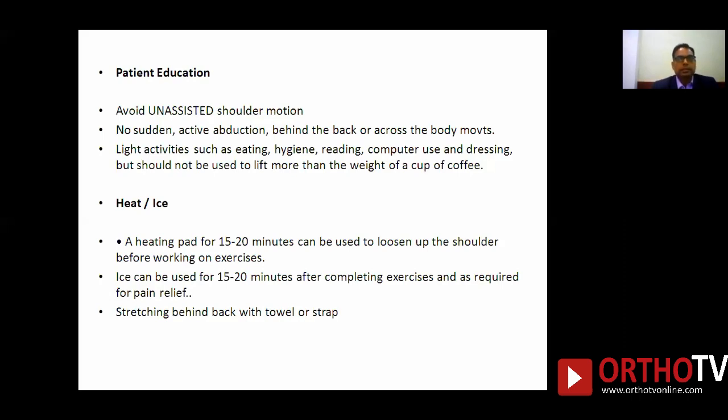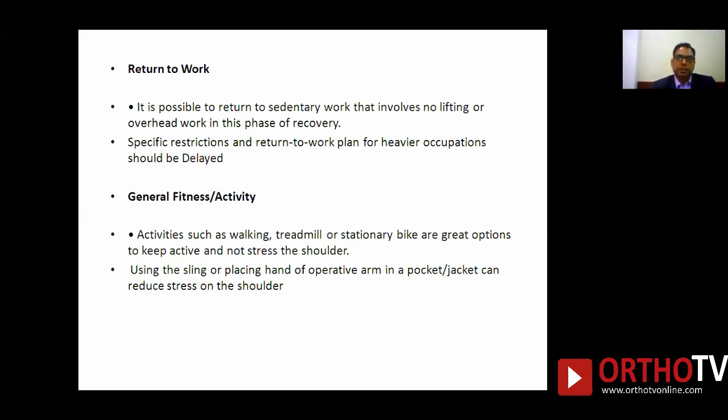Heat and ice: initially, the patient can use a heating pad for 15 to 20 minutes before doing the exercise, because that will loosen up the shoulder. And after the workout, he can do icing for 15 to 20 minutes. This will reduce the inflammation and relieve the pain. Return to work in the second phase is possible if the patient is doing sedentary work without any lifting or heavy manual work.